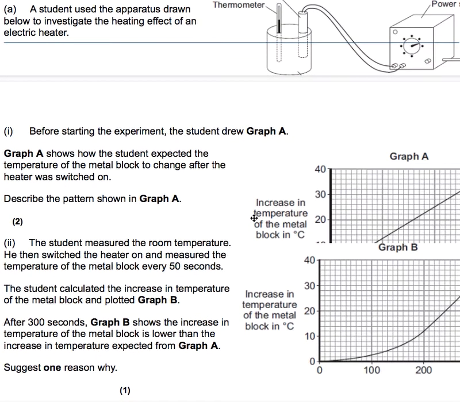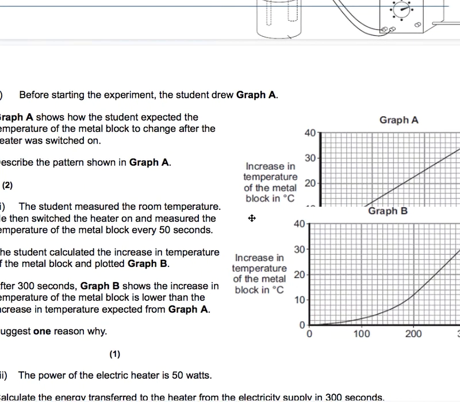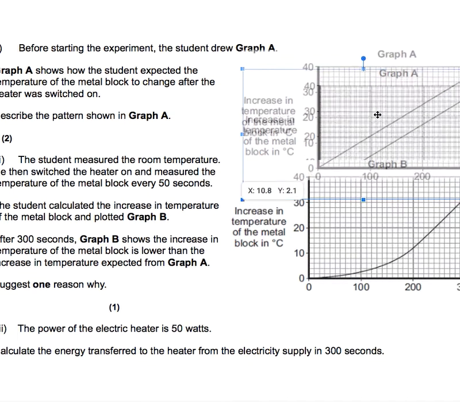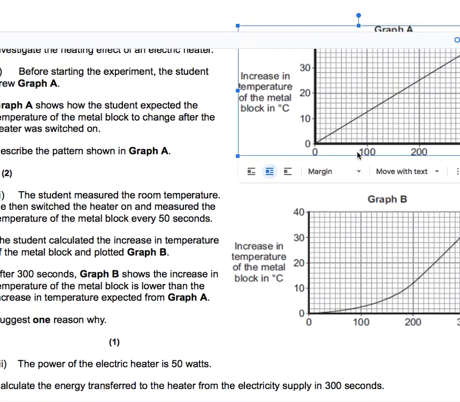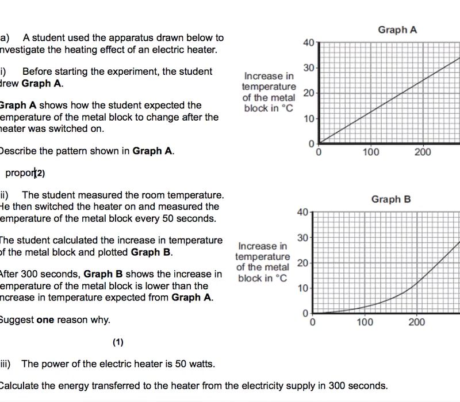Before starting this experiment, the student drew a graph of what they expected the pattern to look like. Describe it. Well, graph A is a straight line through the origin. And see, there's 2 marks for this. So if you say proportional, that will get you 2 marks.